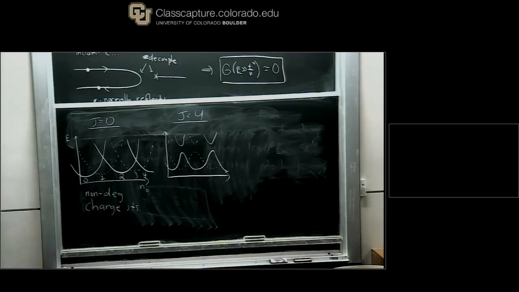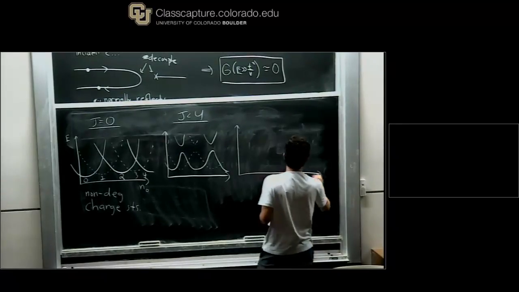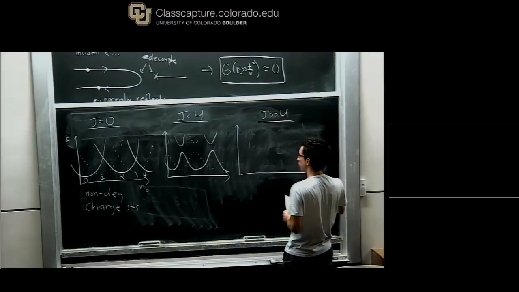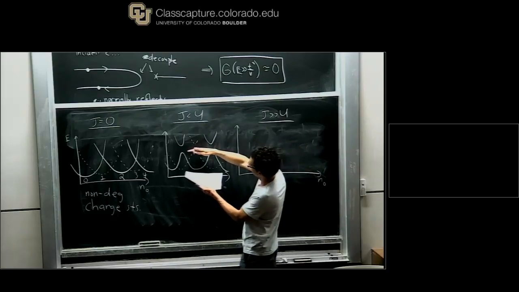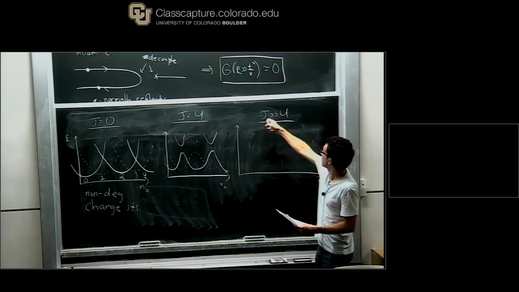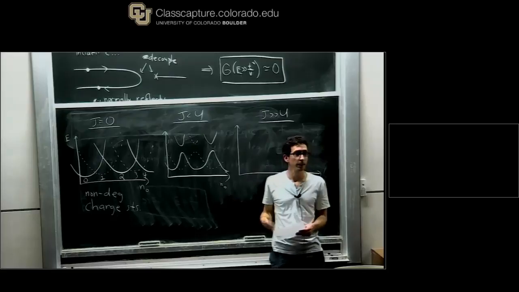All right, so now let's imagine we reduce that barrier even further. In other words, crank up J to the point where it's actually much larger than U. In this case, these bands basically just continue to flatten, and in this regime where J is much larger than U, the bandwidth becomes exponentially small.